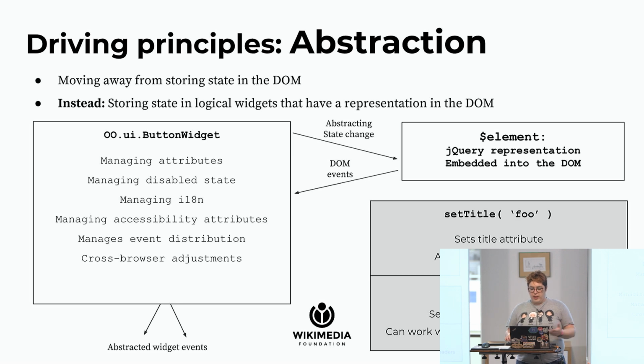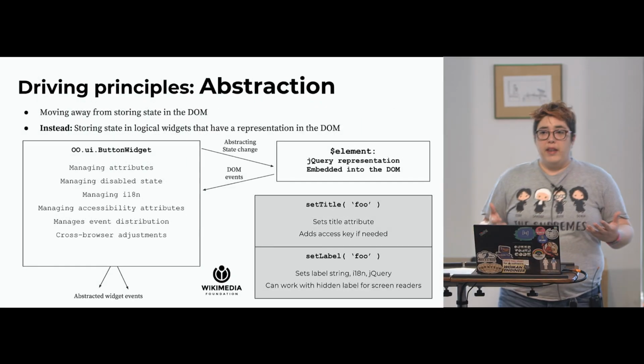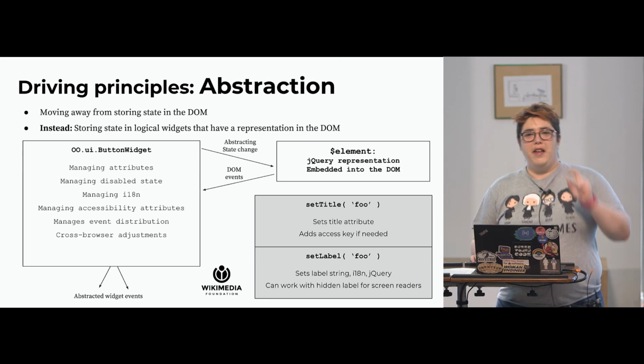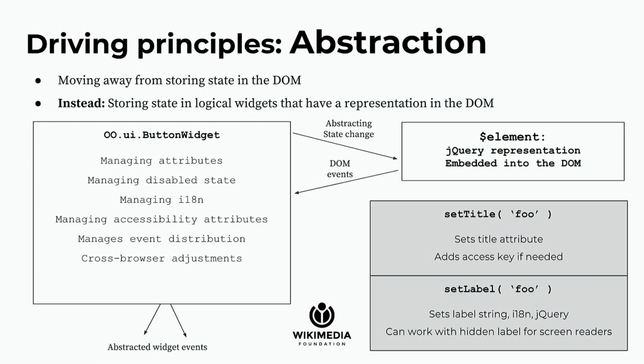So things like, for example, set title. You might think that if you have a link and you have set title, a title is just a title attribute, right? Well, not necessarily, because if you have an access key, you want to make sure that you're retaining it. And if you have accessibility concerns, there's a couple of things that we sometimes do to add to it.